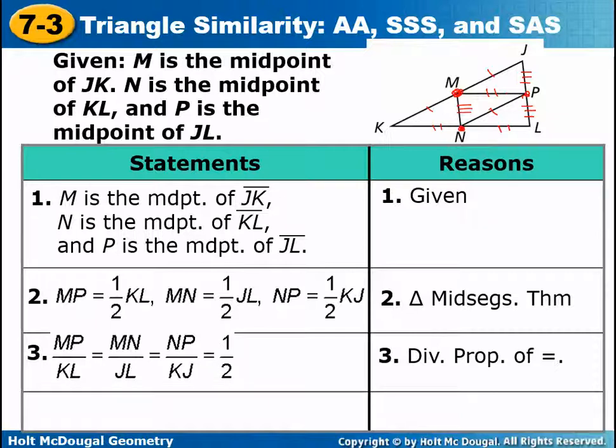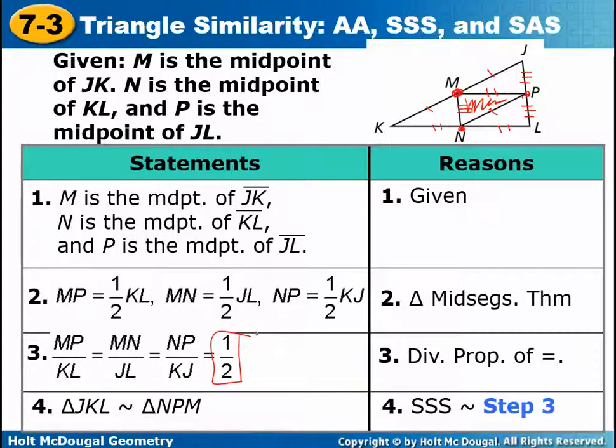I think we're trying to say that this little triangle is similar to the big triangle. Yeah, triangle JKL is similar to triangle NPM by side-side-side. All 3 sides were in proportion to each other because they all simplified to the same similarity ratio of 1/2, 1 to 2.